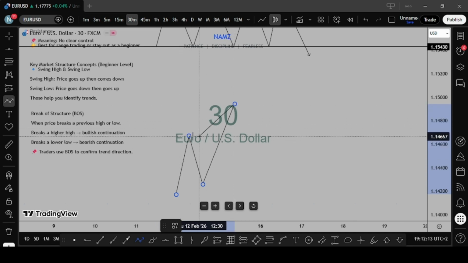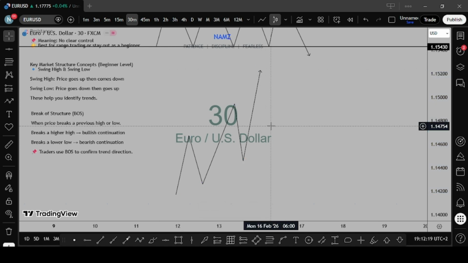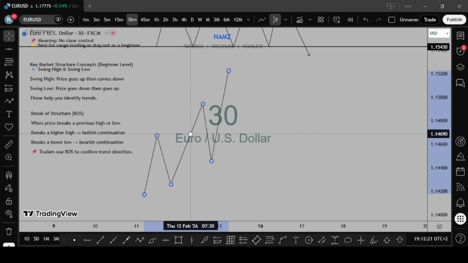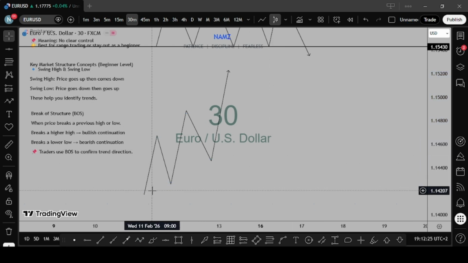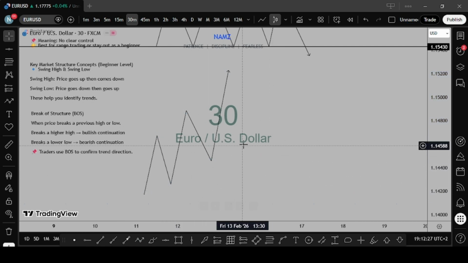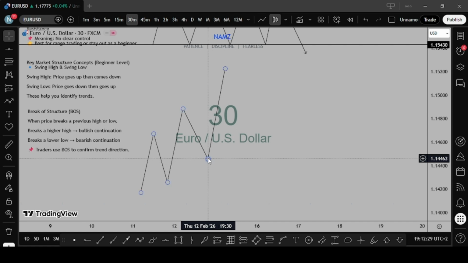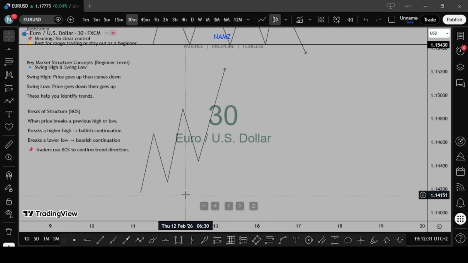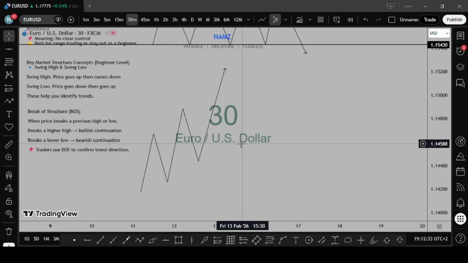Once it takes out or breaks this point, it needs to come down, and then when it comes down, it needs to go up. That's what it means. And then from there, you can understand that we are in a bullish market.